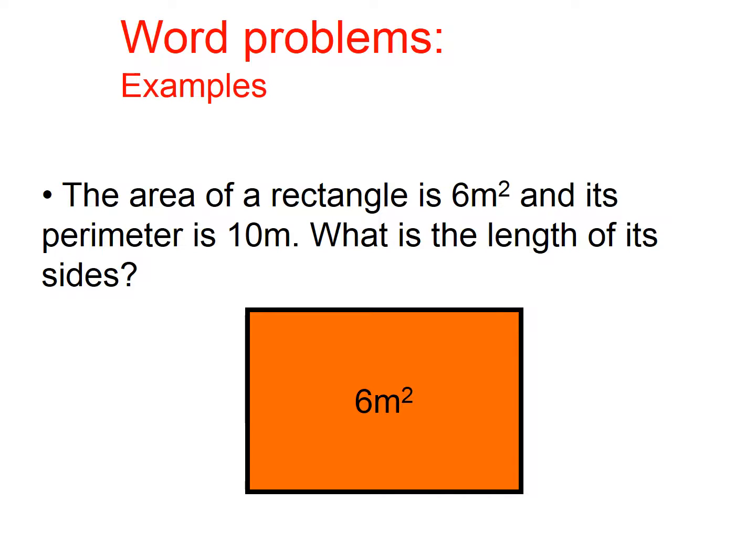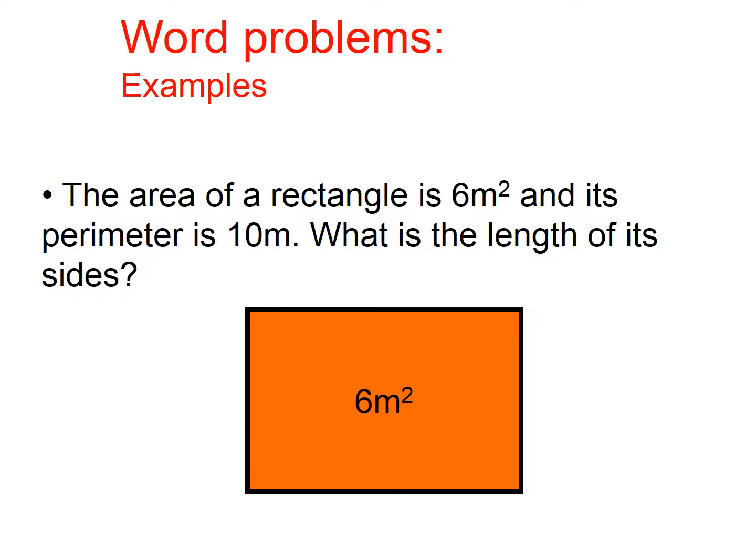So we could say that 2 times (L plus W) equals 10. Yeah? And we also know that the area is going to be L times W equals 6. Yeah? Happy campers?